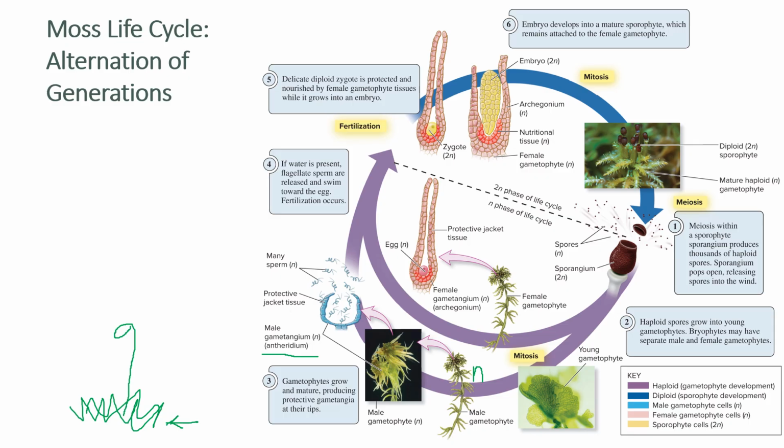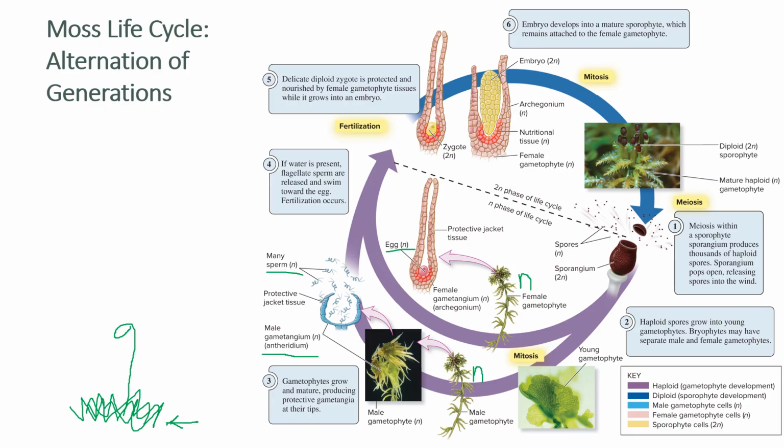Over here in the center, we have a female gametophyte. Remember, female gametes are also going to be 1N. This is our carpet-like structure down here on the bottom. That female gametophyte is going to produce an egg by mitosis because the gametophyte is already 1N. So that egg is going to combine with the sperm from the male and produce a zygote.